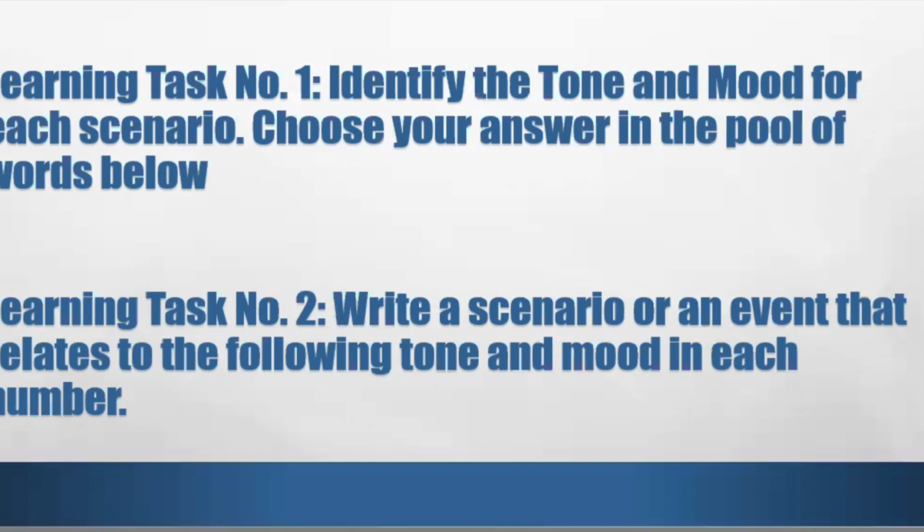In learning task number two, you are going to write a scenario or an event that relates to the following tone and mood in each number. Let's say, for example, the tone is happiness. Then you're going to write a scenario in the second column.